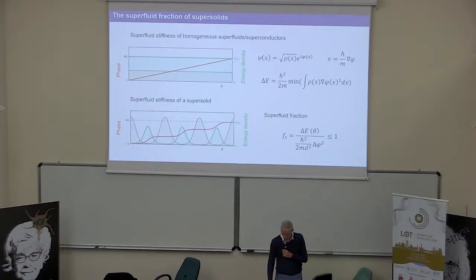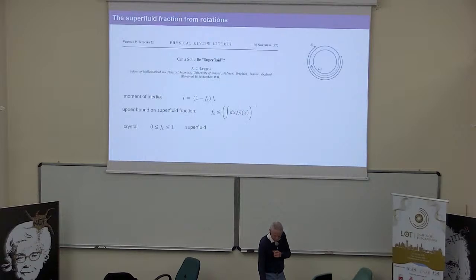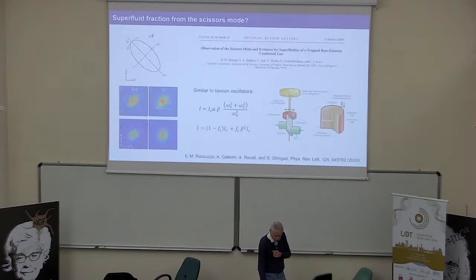One of the things that we measured in our lab, to make the story short, we have been working for almost 5 years to try to measure this quantity, because it's the key quantity that defines how the supersolid is different from a standard superfluid or a standard solid.